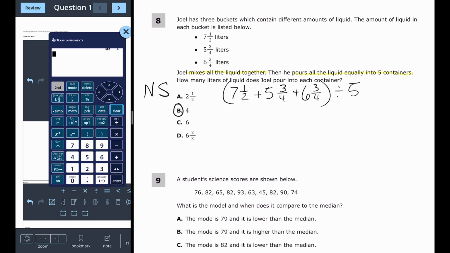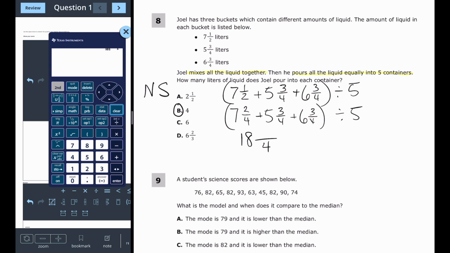Okay, so I have fractions. It's easier for me to add them up if they have the same denominator. So I'm going to just do that. 7 2/4 plus 5 3/4 plus 6 3/4. And then I'm going to divide by 5. Watch how I'm going to do this. I'm going to add the whole numbers first. 7 plus 5 is 12. 12 plus 6 is 18.